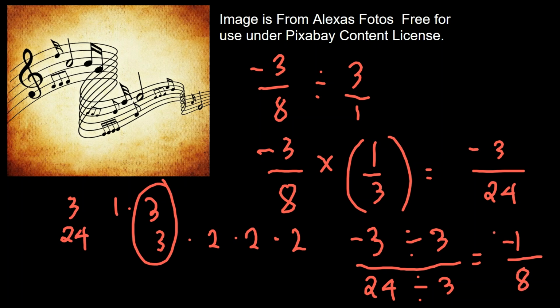That would be 8. So the final answer would be negative 1/8. That means each section needs to be adjusted by negative 1/8 of a measure to correct the mistake in the musical piece.